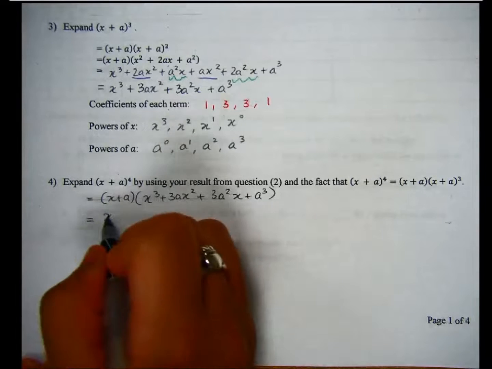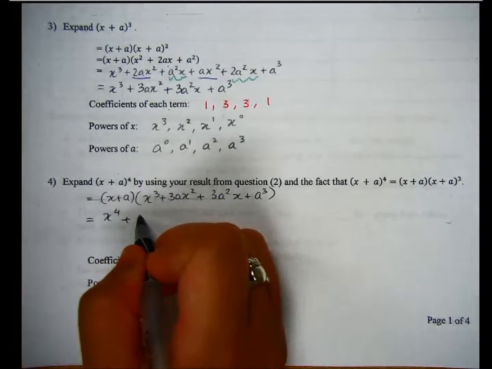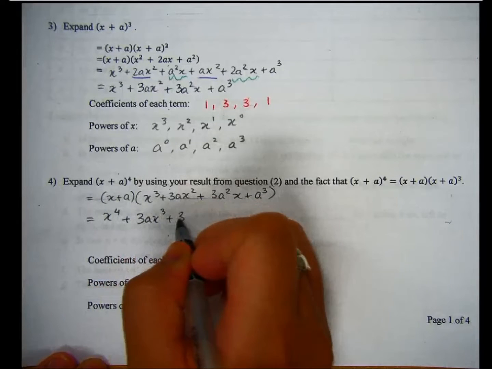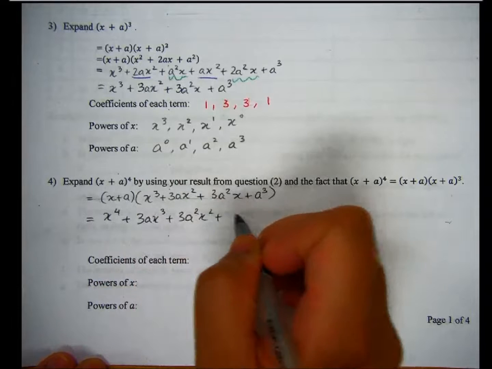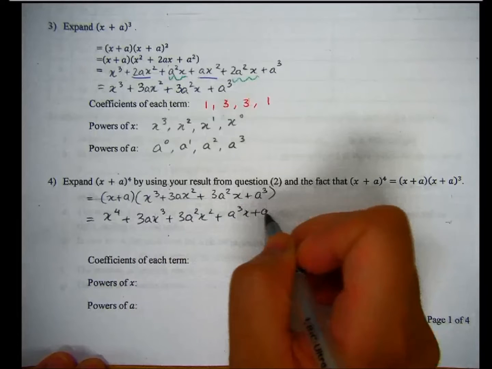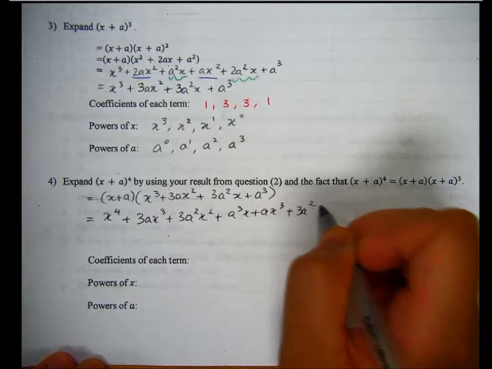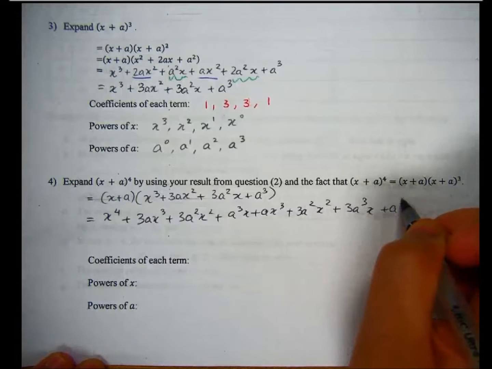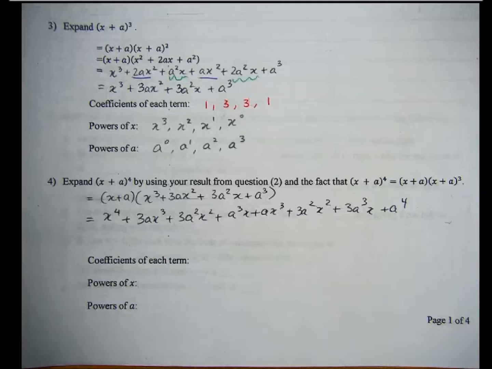Alright, so this time x^4 plus 3ax cubed plus 3a squared x squared plus a cubed x plus ax cubed plus 3a squared x squared plus 3a cubed x plus a^4. Collect all of your like terms and simplify.